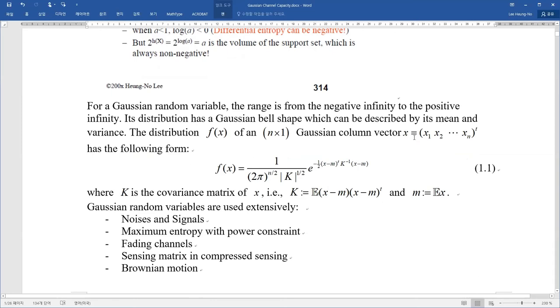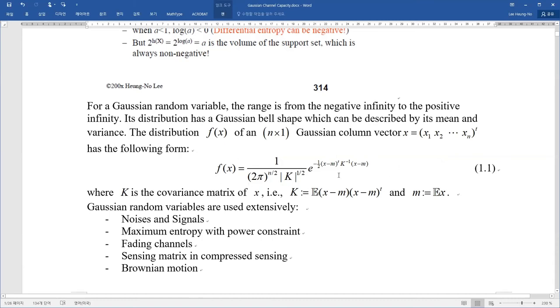So this is n by 1. So we can talk about covariance matrix of x, which is n by n covariance matrix K, and mean vector n by 1 mean vector M. And then using K and M, we can describe the Gaussian probability density function.